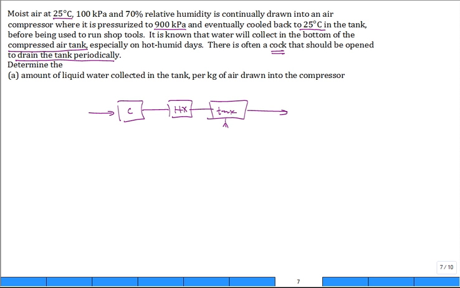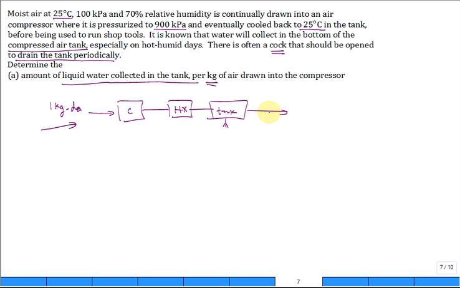And with the tools that we studied in this class, we can analyze this problem. So the question is what is the amount of liquid water collected in the tank per kilogram of air drawn into the compressor? You draw in 1 kilogram of air. Let's even call it dry air. With that dry air, you're going to get some moisture with it.